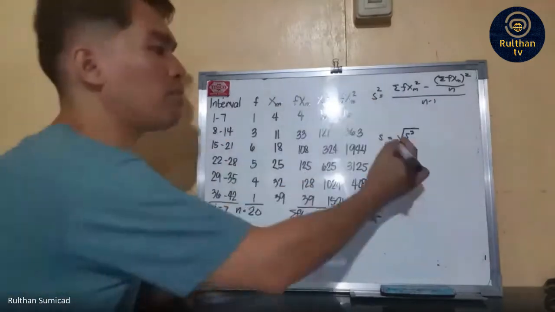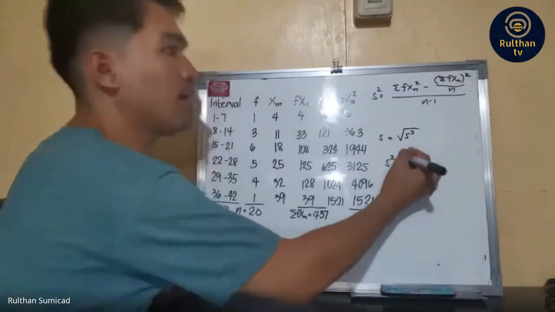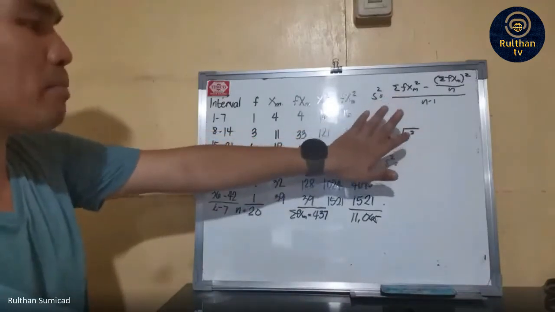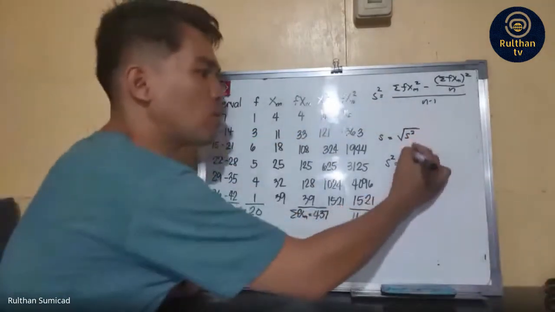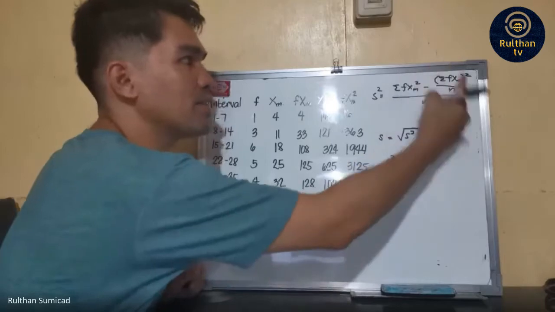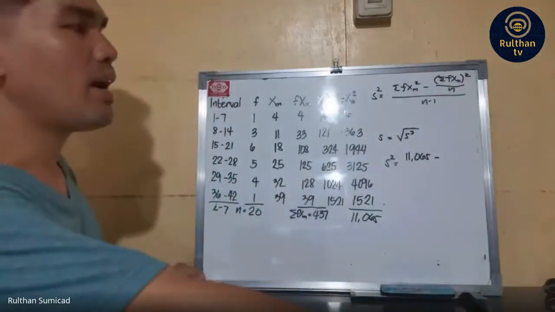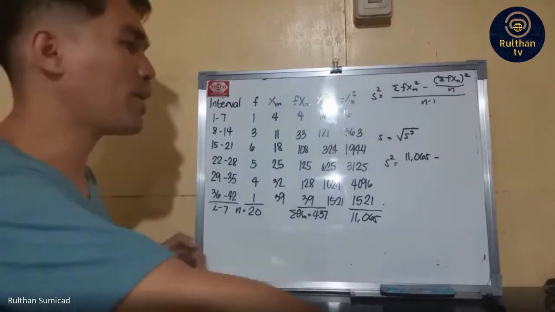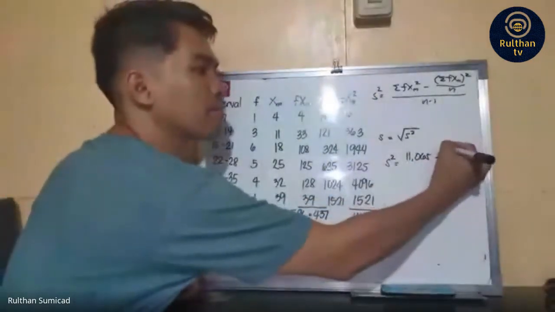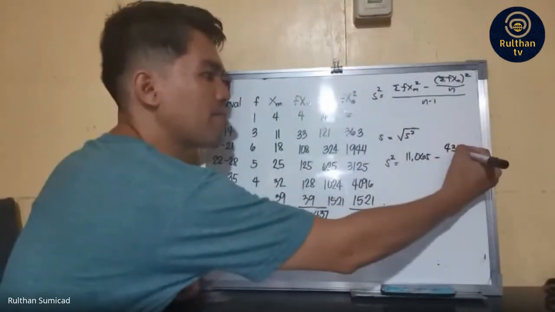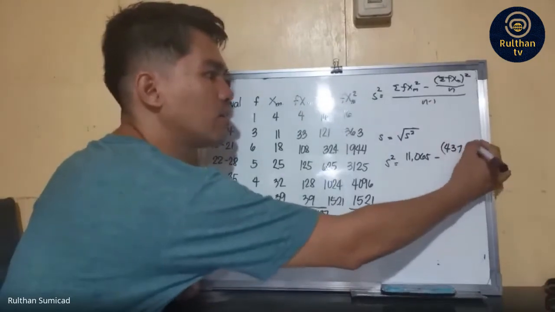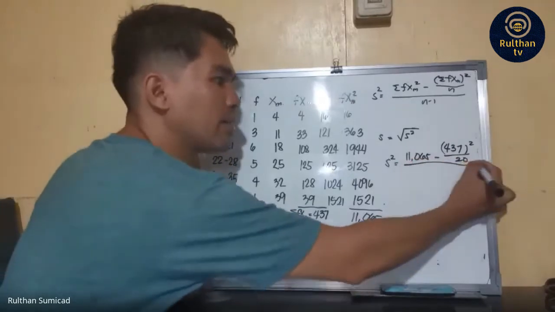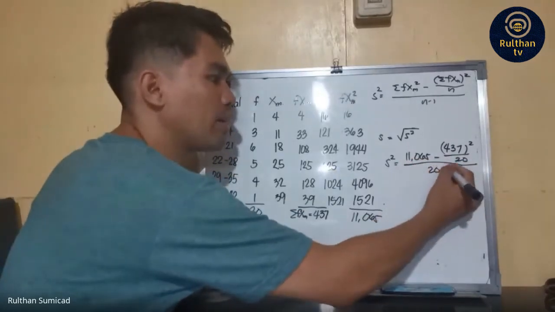Substitute in our formula. What is our S squared? Our summation of the product of frequency and squared midpoint is 11,065, minus the summation of FX sub M, which is 437, squared, divided by 20, all divided by 20 minus 1.